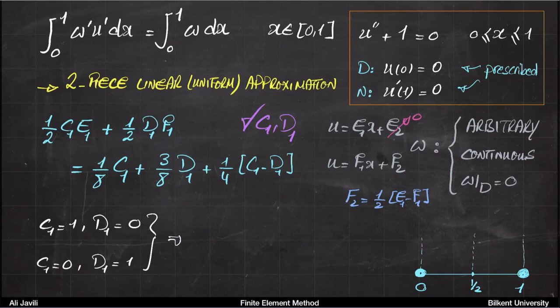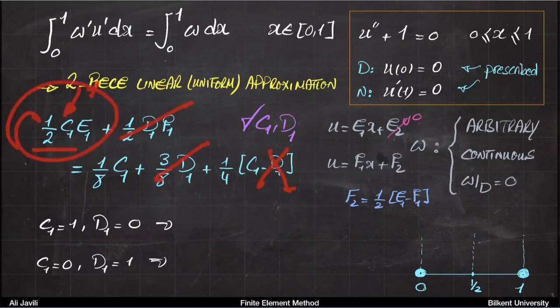Now, maybe I do it like this. So from the first one, if you assume D1 is 0, these terms will disappear. This will go away. So if D1 is 0, you would only have this one, and then this C1 is, by the way, also 1. So you would get 1/2 of E1 here.